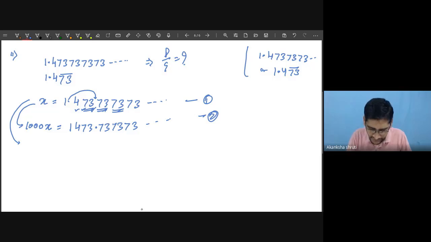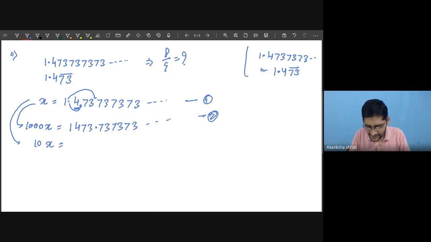What to do? The first time we moved the decimal 3 places rightward so that one set of the repetition of digits would be before it. The other time, I will move it to the place just before the repeated set. For that I need to move only one place, so I need to multiply by 10.